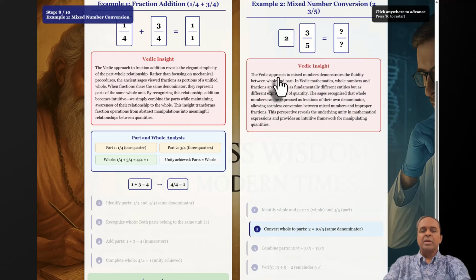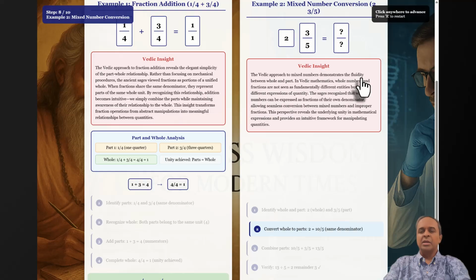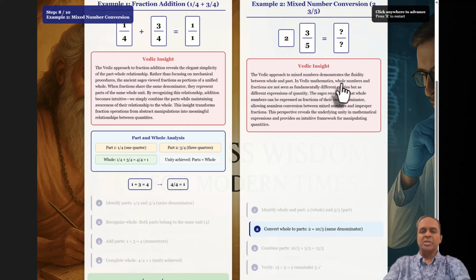So again, the Vedic approach of mixed numbers demonstrates the fluidity between the whole and the part, right? So in Vedic mathematics, whole numbers and fractions are not seen as fundamentally different entities, but as different expressions of quantity.